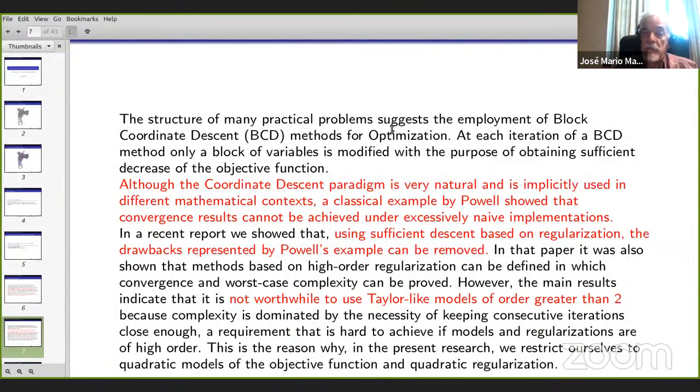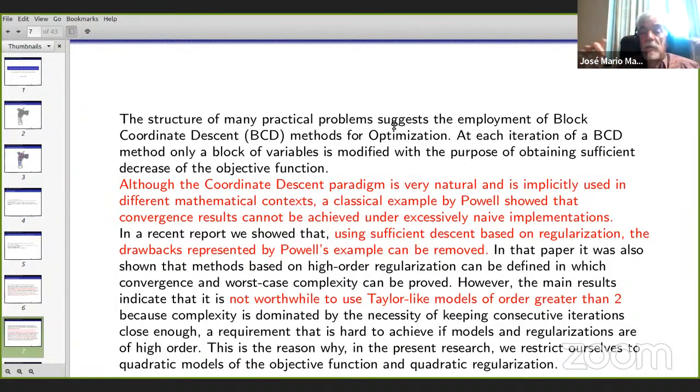The structure of many practical problems suggests the employment of the block coordinate descent method, BCD, for optimization. At each iteration of BCD, only a block of variables is modified with the purpose of obtaining sufficient decrease of the objective function. Although the coordinate descent paradigm is very natural and is implicitly used in different mathematical contexts, a classical example by Michael Powell many years ago showed that convergence results cannot be achieved under excessively naive implementations. We showed in a recent report that using sufficient descent based on regularization, the drawbacks represented by Powell's example can be removed.